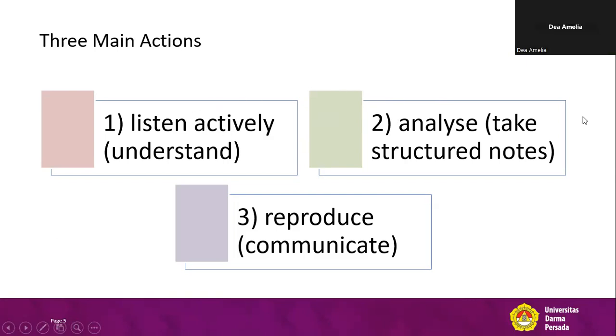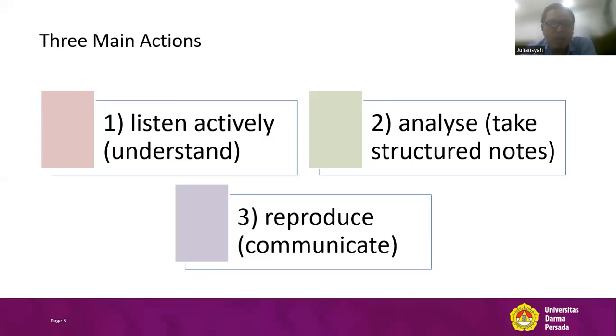As an interpreter, we have to listen carefully to what the speaker says. So I think it makes the interpreter not make any mistakes when delivering the message. Yes, misinterpret. Okay, so listen actively means listen carefully, according to Dea.